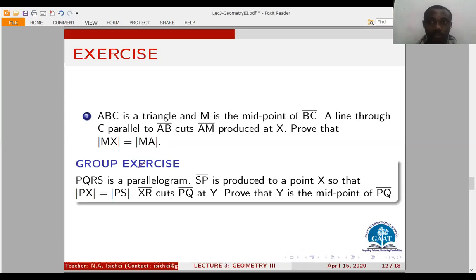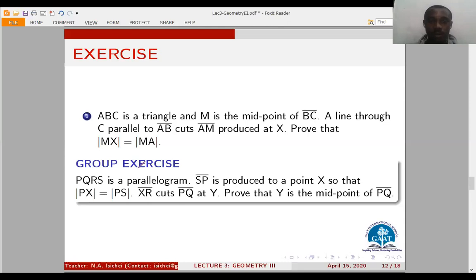You pick a group leader for each group, and the group leader will explain the solution during our Zoom meeting in one of the classes next week. Please take notes on the very first class next week Tuesday. So take notes. And here is a question.